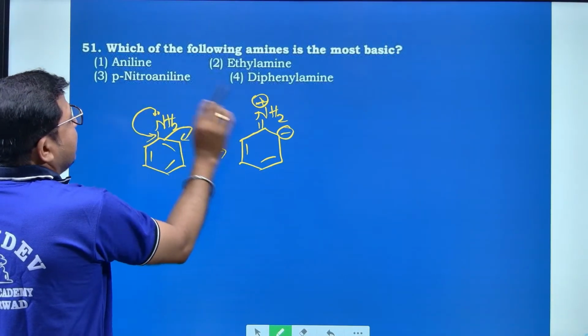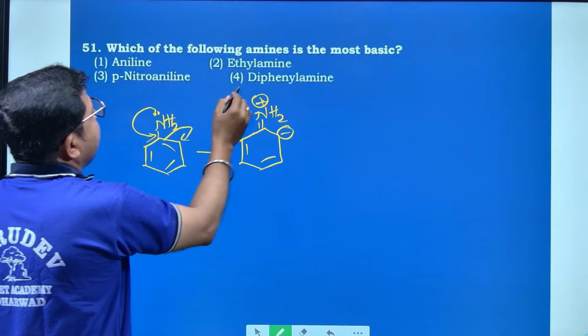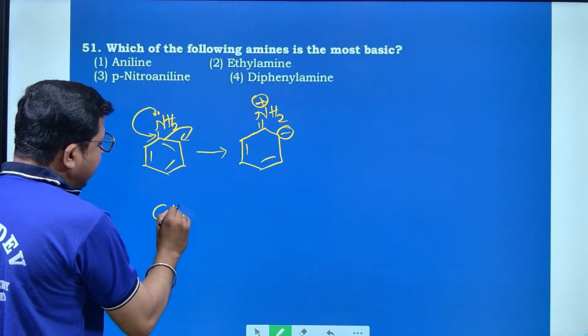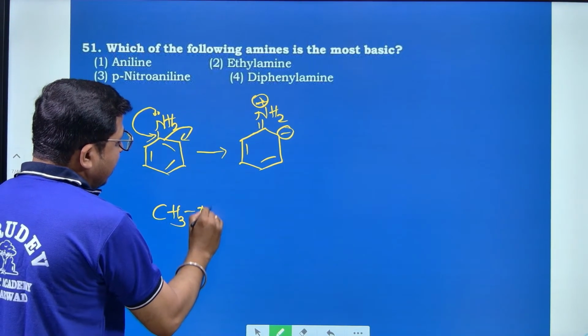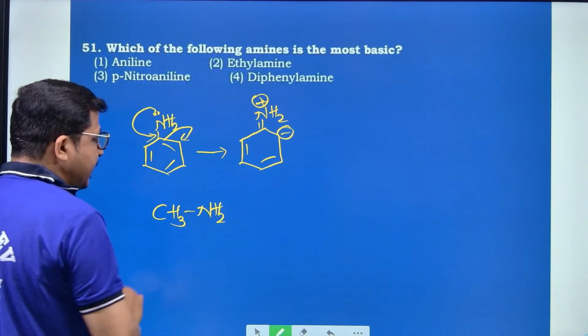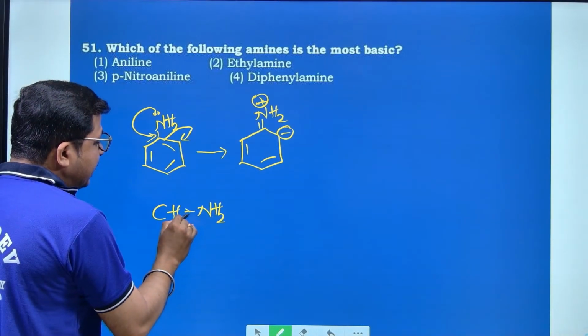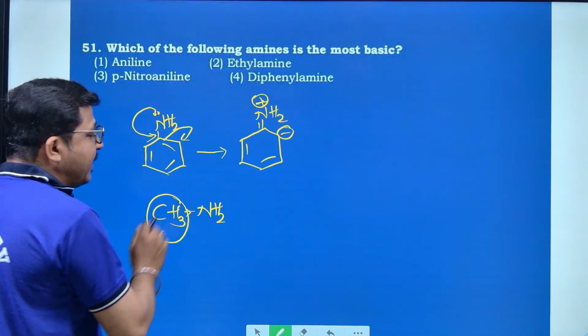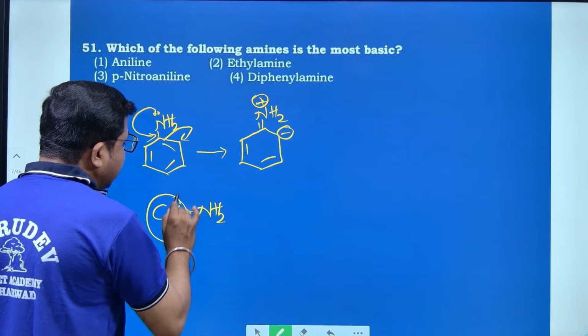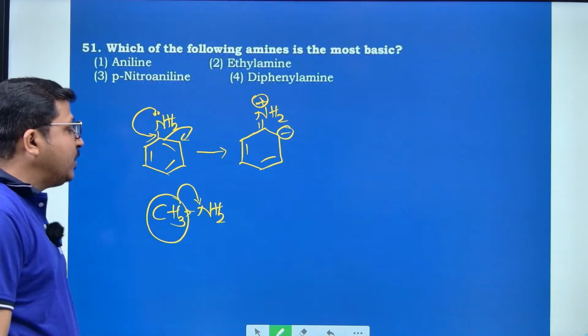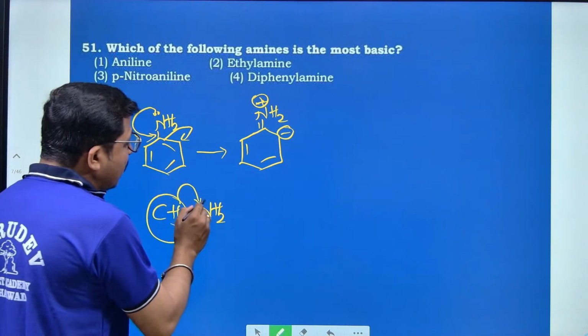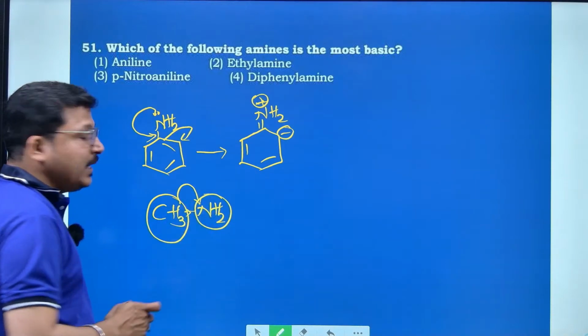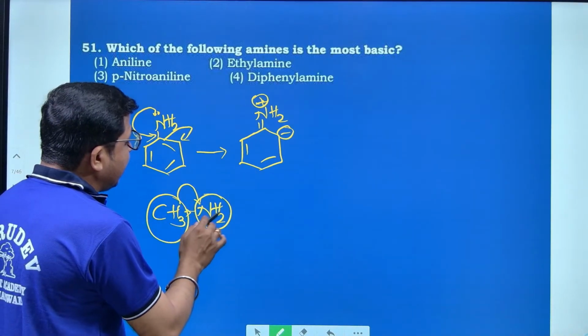And next, here ethanamine, CH3 NH2. Due to the inductive effect, CH3 acts as an electron donating group, which increases the electron density on the NH2.